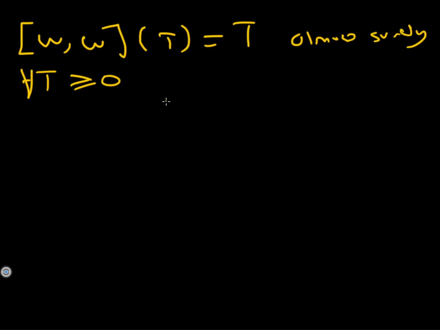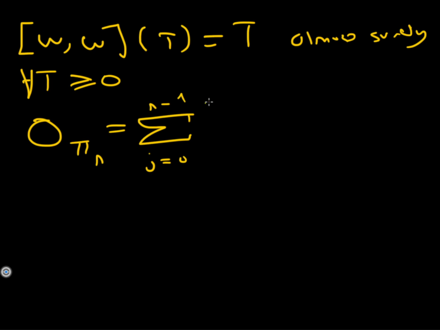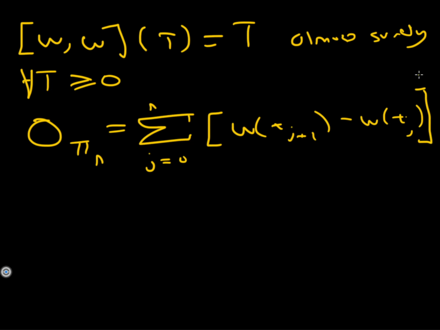Now, to start this, let's say Q pi n. We'll define this first. Oops, it's going to be n, yeah. And since it's quadratic variation, we square it.